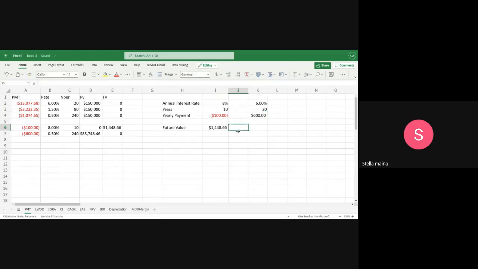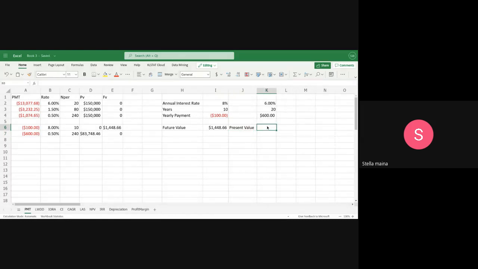So I can just write here present value. Let me extend this column to make that look reasonable.